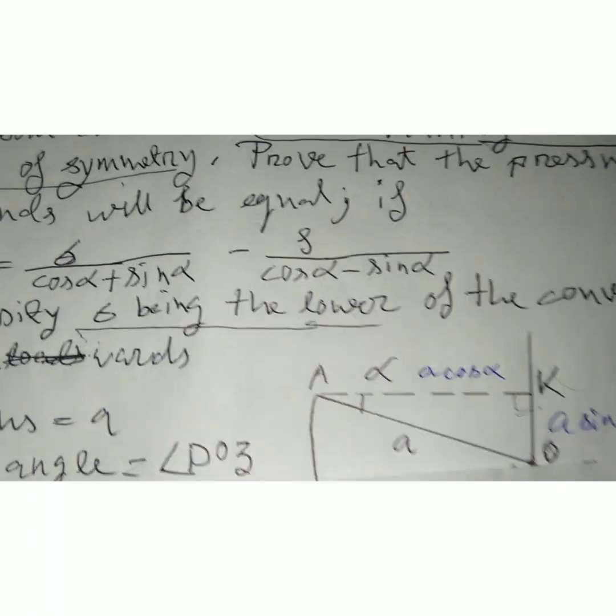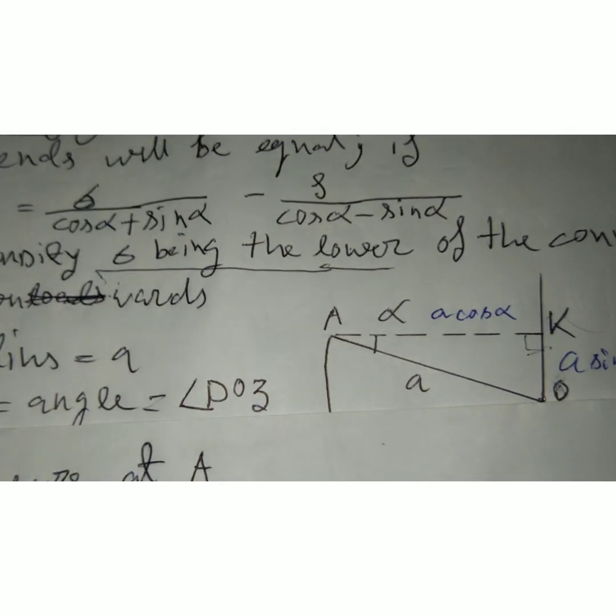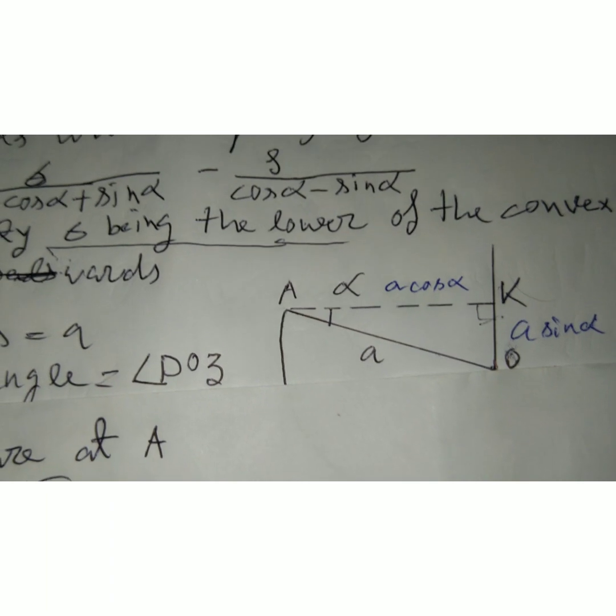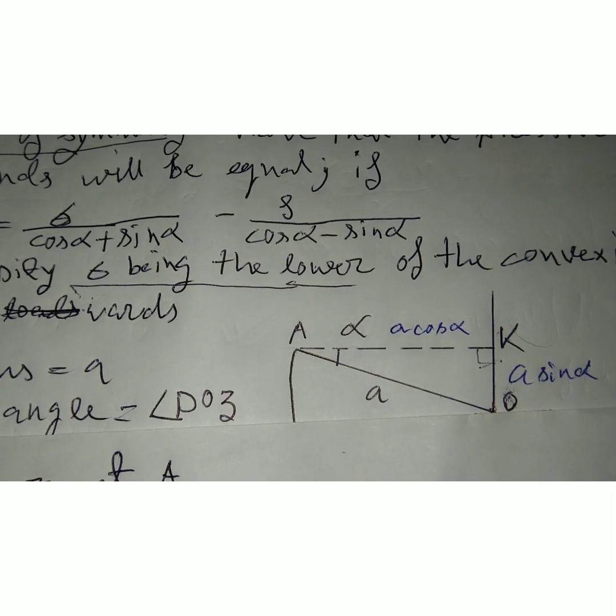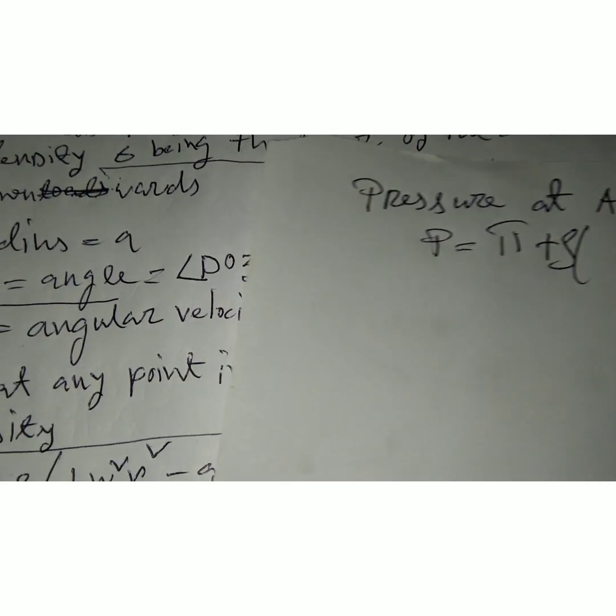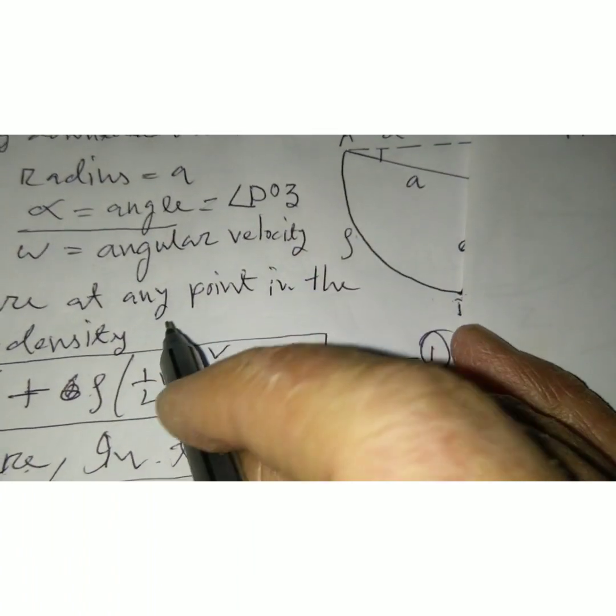So what is the formula? Pressure formula. I told that P is equal to capital pi plus rho into half omega square r square minus gz.